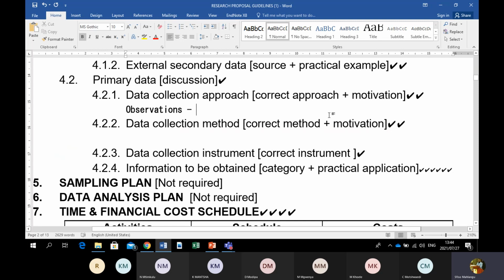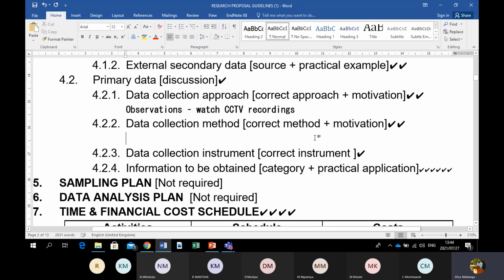For example, let's say we're gonna watch CCTV recordings, which means we did not communicate with the respondents.